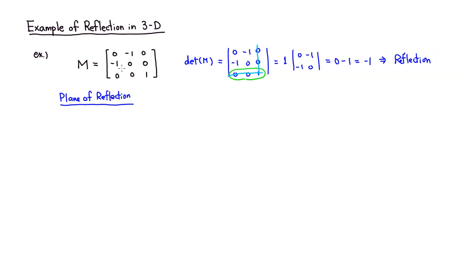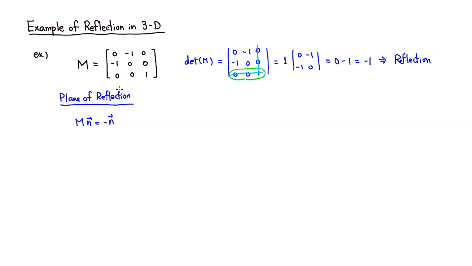So it gets negated. If you apply M to the normal vector, you want to get the negative of the normal vector.